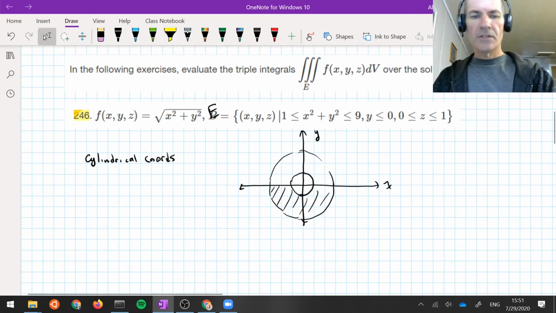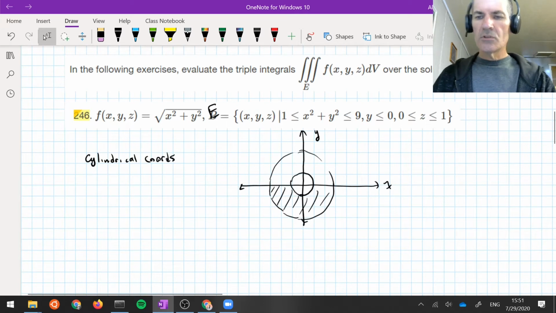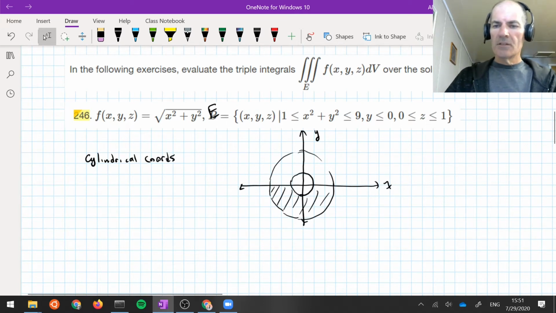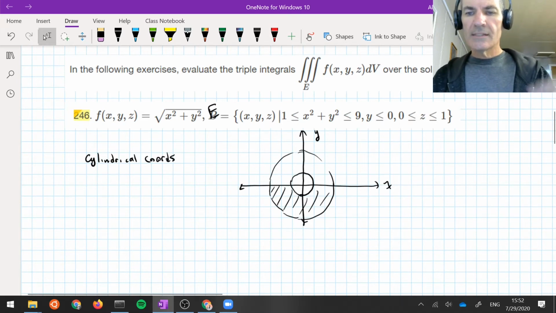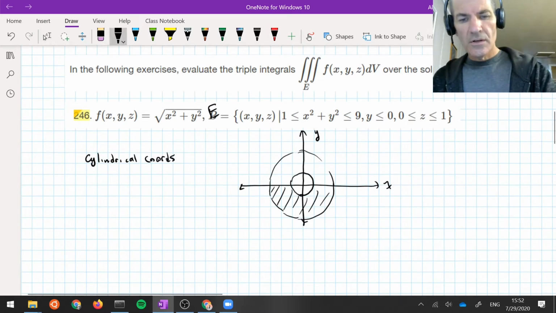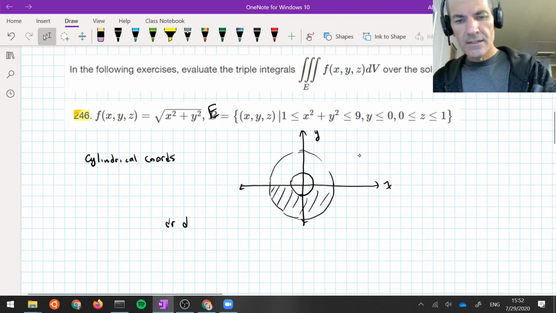to describe this integral. Let's choose an order of integration. It's not super important which order you choose in this particular case, but because everything is sort of constant limits, I'm going to just do dr, d theta, dz, like that.